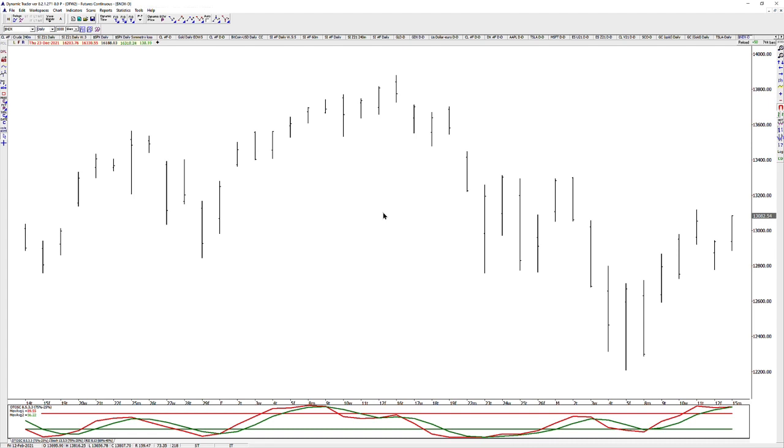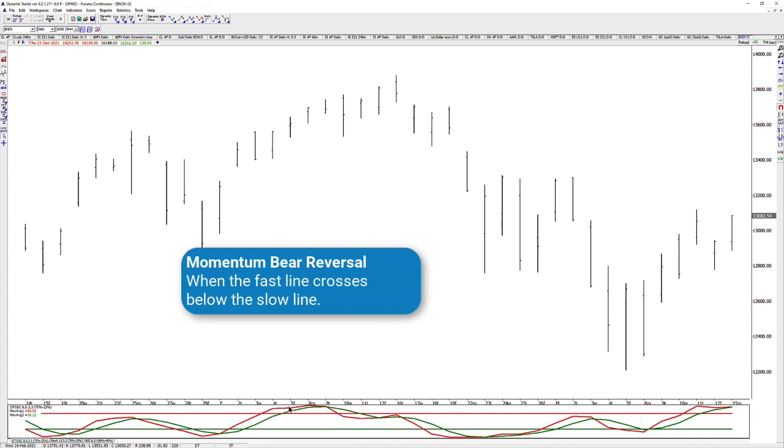You'll hear a lot about momentum bull and bear reversals. What do we mean by that? So again, this is one of the reasons that we prefer momentum indicators that have ranges from 0 to 100, so we have overbought and oversold zones. A bear reversal is when the relatively fast line crosses below the relatively slow line.